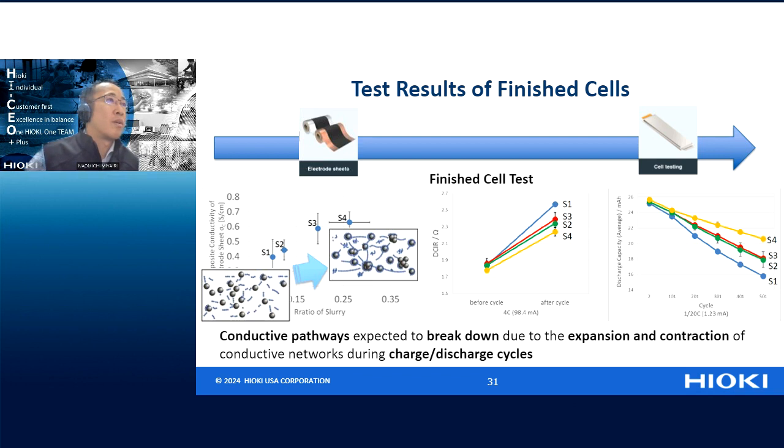We also saw the DCIR increase and the discharge capacity decrease after cycling. So this indicates that conductive pathways are expected to break down due to the expansion and contraction of conducting networks during charge discharge cycles.